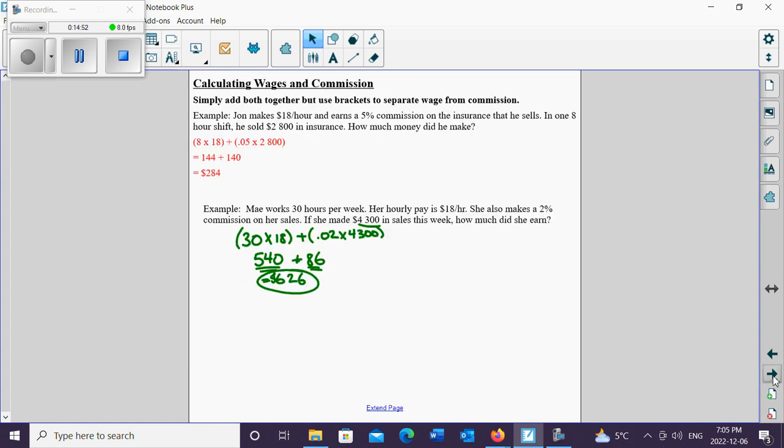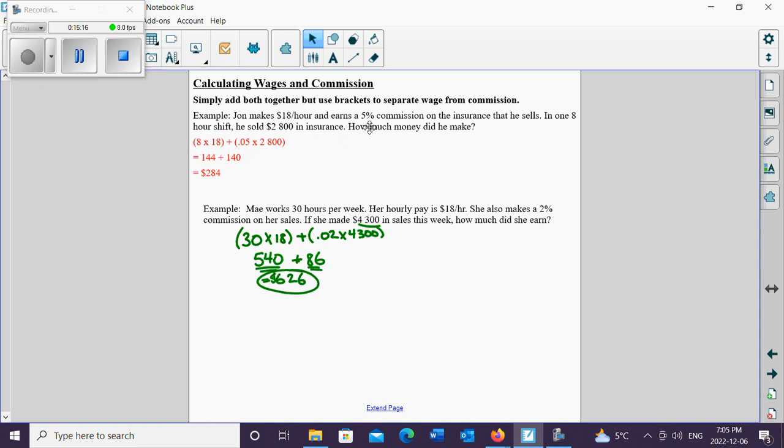There are places where you get commission and wage, and you'll have to put those together. So that's what these brackets are for. The first set of brackets is for your number of hours multiplied by your hourly rate. So in this question, this person works an 8-hour shift at $18 an hour, and that's what this 8 times 18 is.